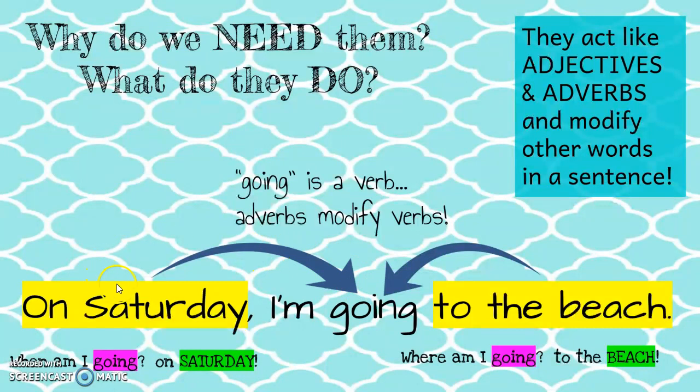So instead of one word as an adverb, we have a prepositional phrase that's doing the job of an adverb. All adverbs do are modify verbs, adjectives, and adverbs. So if this phrase is modifying a verb, then it's acting like an adverb. Same thing with to the beach. To the beach is telling where I'm going. It's modifying a verb, so it's acting like an adverb.